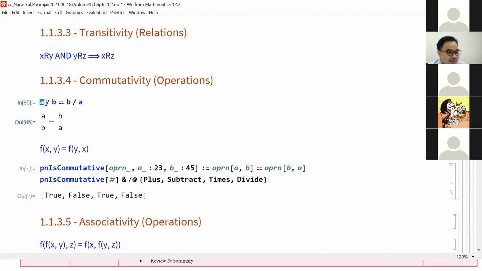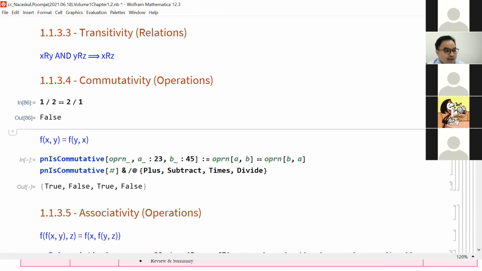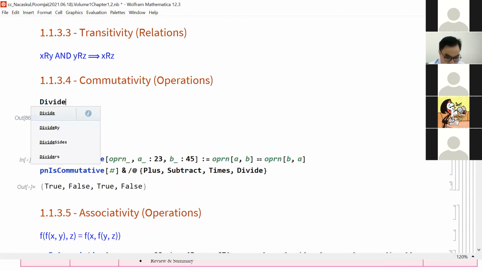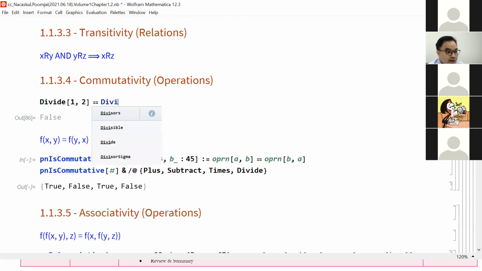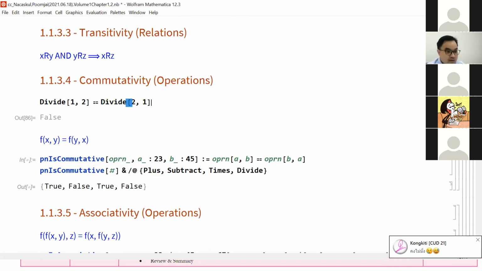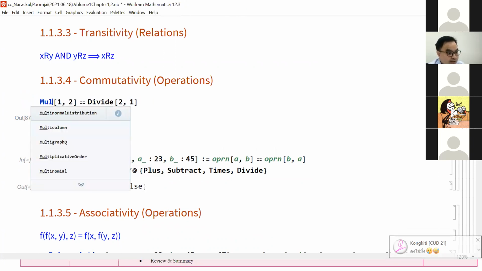But if we put in real numbers, 1 divided by 2 is equal to 2 divided by 1. It's going to be false, right? So it's not commutative. So to put in this form, I have something like divide 1 by 2 equal to divide 2 by 1. False, okay? But multiply certainly would work.